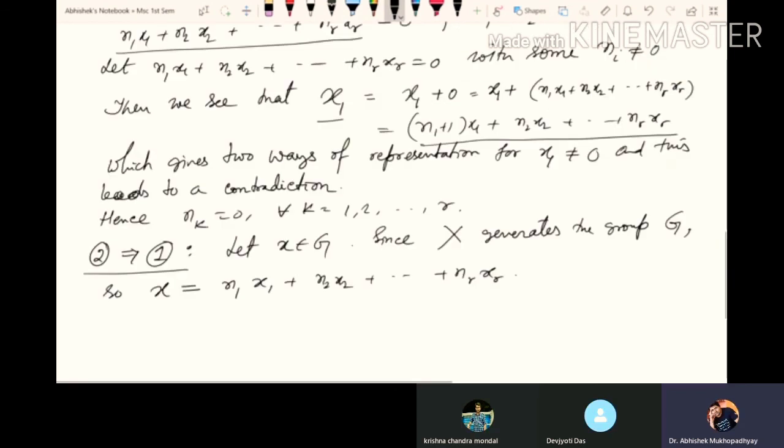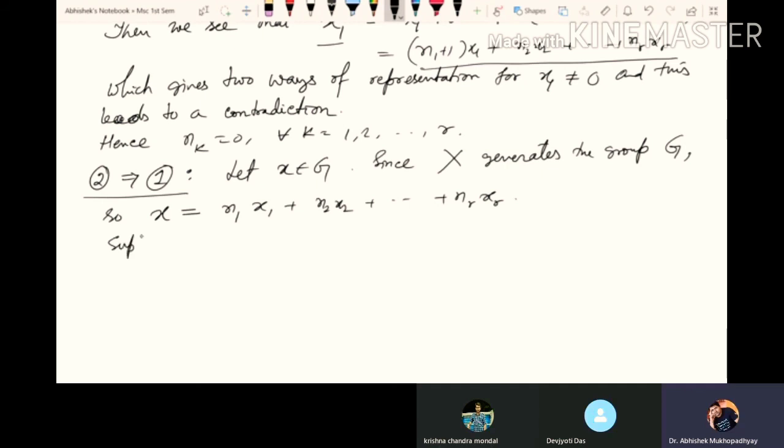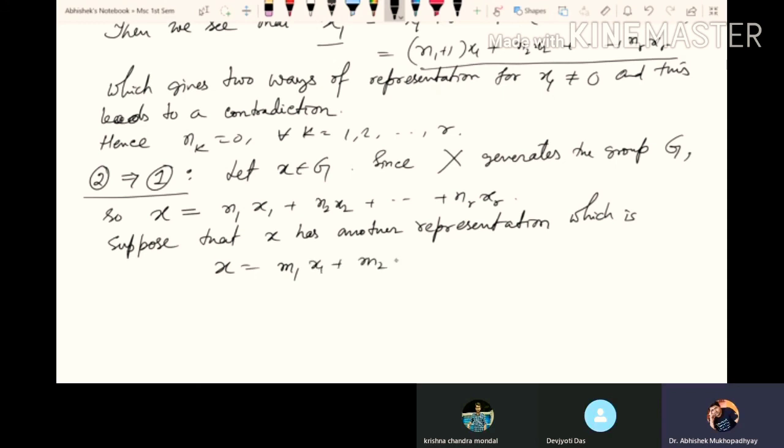But we need to show that this way of expression is unique. So suppose that x can be written in another way also. So suppose that x has another representation, which is x equals m1 x1 plus m2 x2 plus ... plus ms xs.